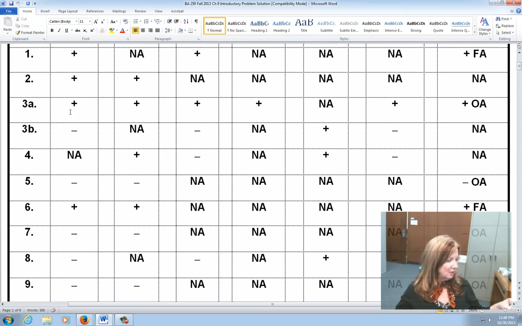Number 3, sold merchandise for $220,000 cash, not including sales tax. So I'm going to have cash going up here with this asset, and I'm going to have the liability, sales tax, going up here.